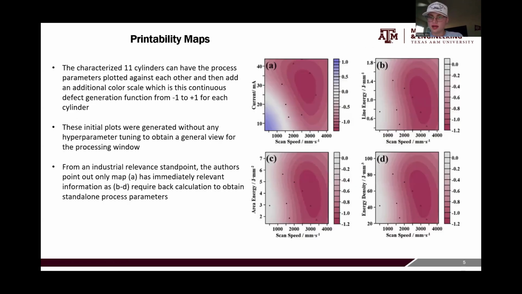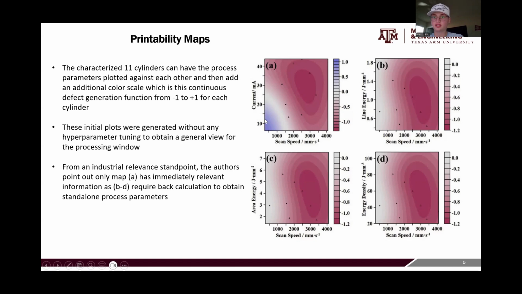So they take the 11 prints that were used for training, and they plotted the process parameters. So we take current versus scan speed, shown in figure A. What's shown in the triangles and dots is the training and testing data. For every one of the training and testing data points, there is an associated value somewhere between -1 and +1 that was created by the decision function.